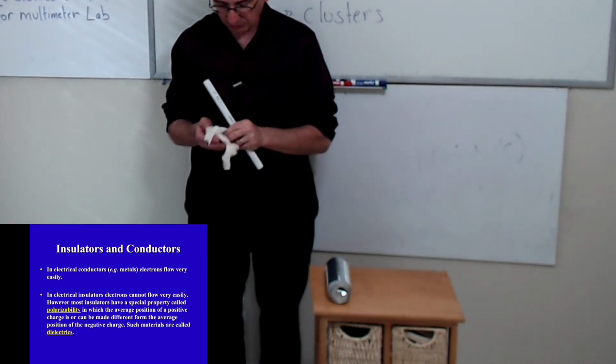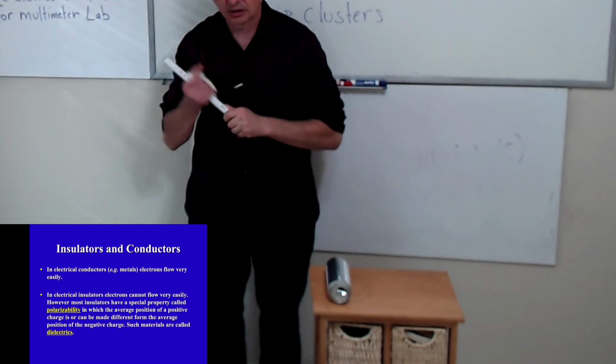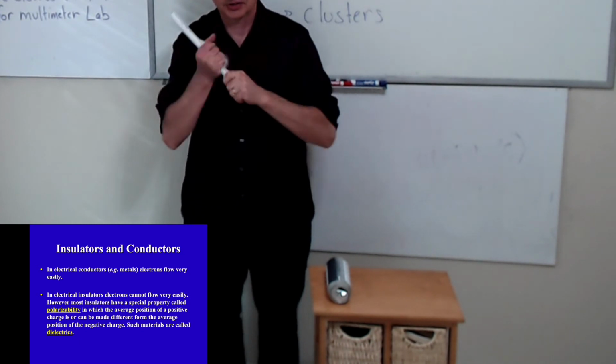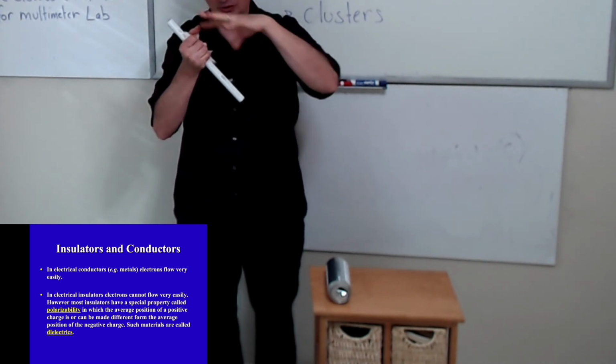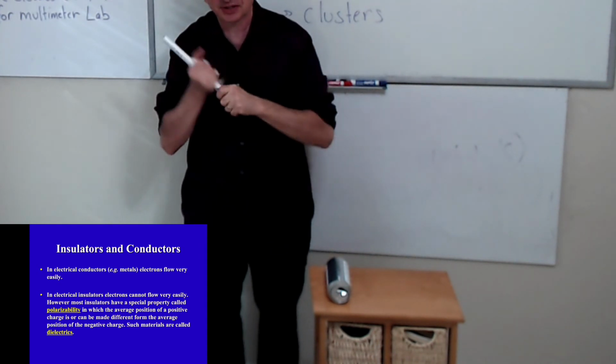Okay, so I'm going to charge. All right, this is how I'm going to charge, and I'll talk about what's going on here in a minute. I'm charging my PVC rod. I'm transferring electrons to the PVC rod.